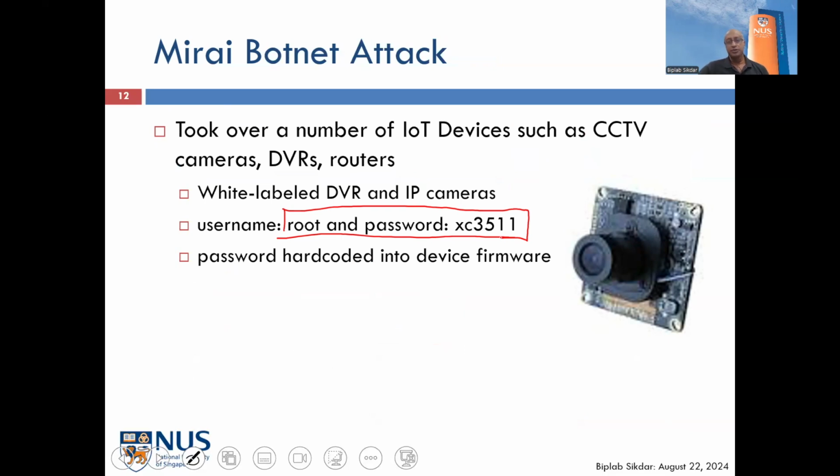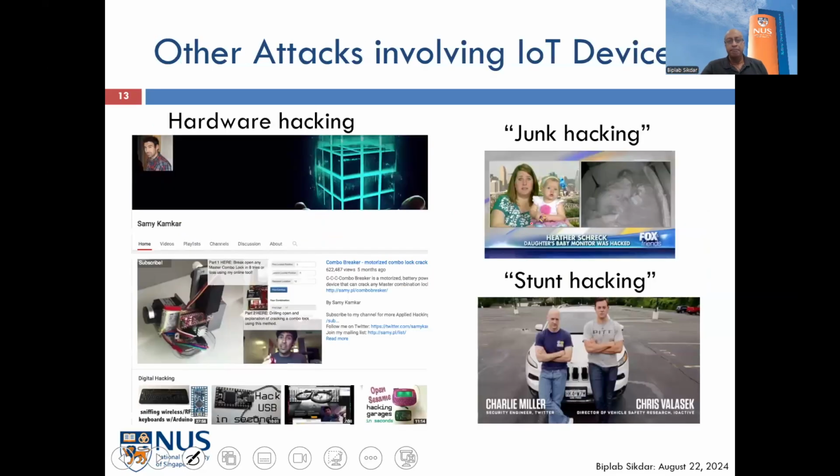If you know the username and password for one device, you tend to know the username and password for all other similar devices, and that makes it very easy to break into them. And there are other examples of people breaking into baby monitors, and people hacking and taking control of vehicles remotely, and so on.